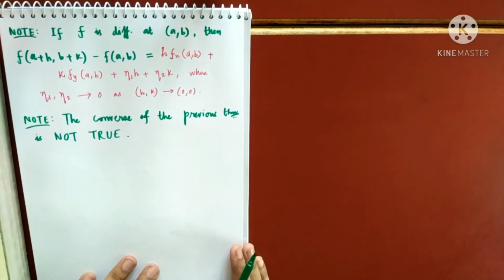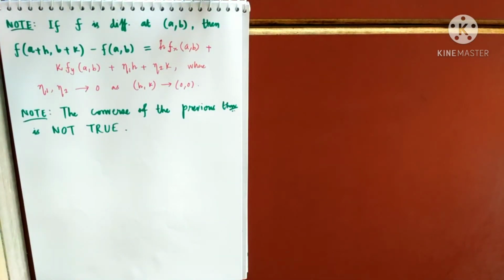Suppose I have a function which is continuous at a comma b, and both the partial derivatives exist at a comma b, and I'll show that still the function is not differentiable at a comma b.